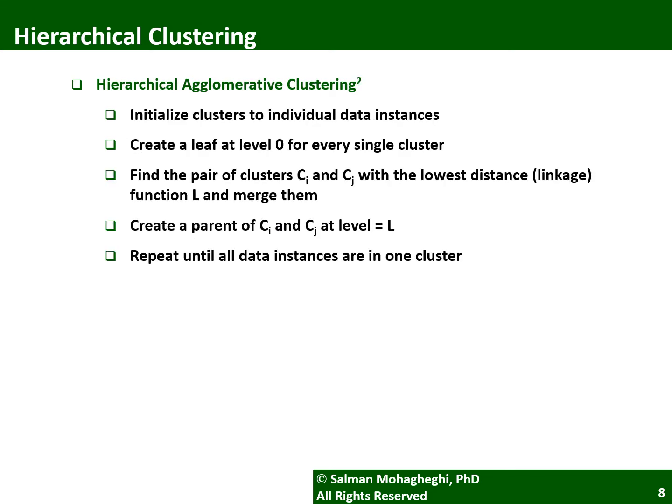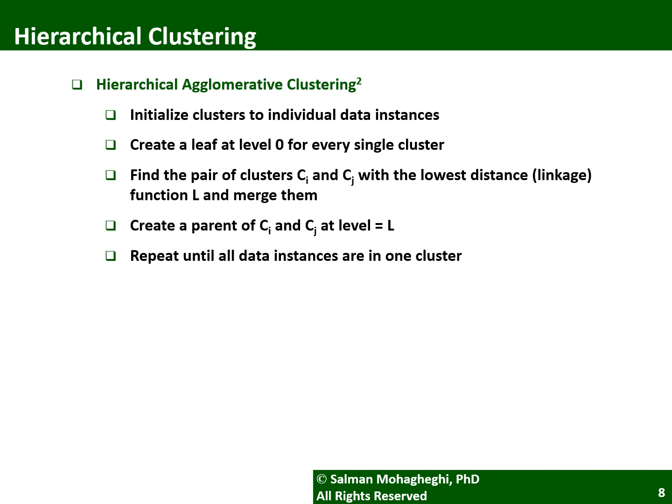All right, now hierarchical clustering can be implemented in different ways. One of the approaches is known as the agglomerative or the bottom-up approach, and the other one is divisive or top-down.